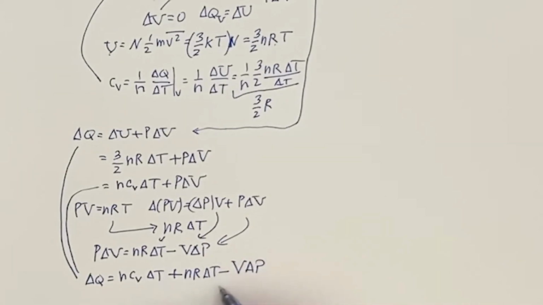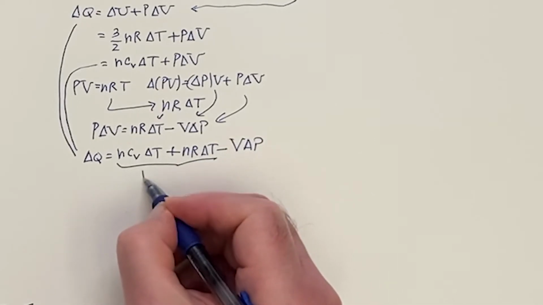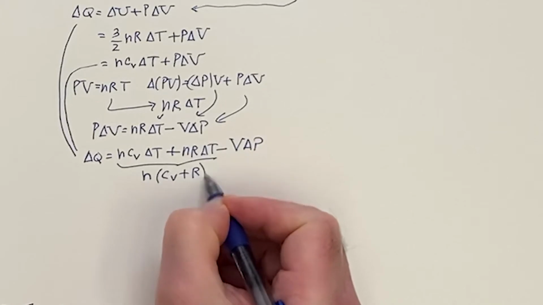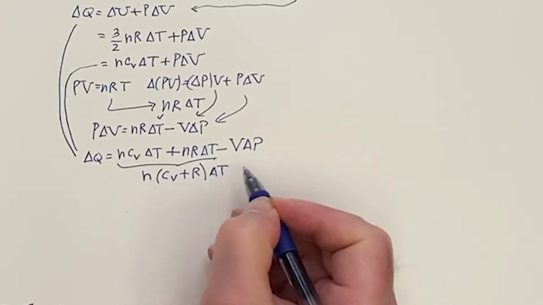And this here, there's a little factoring going on there. I take the N out, then I have CV plus R, and take the delta T out.